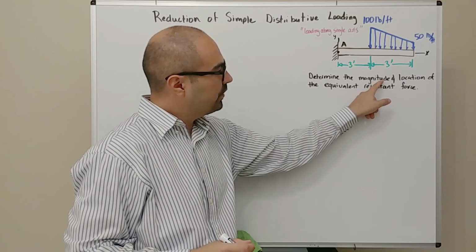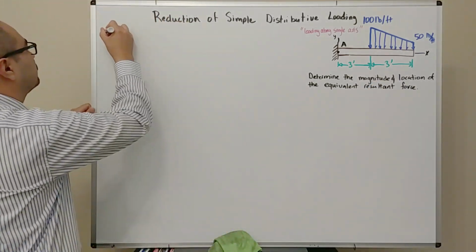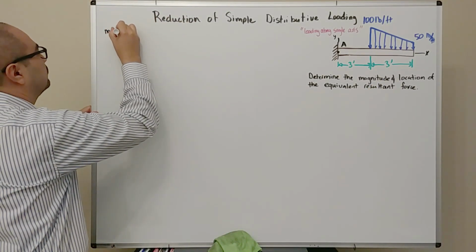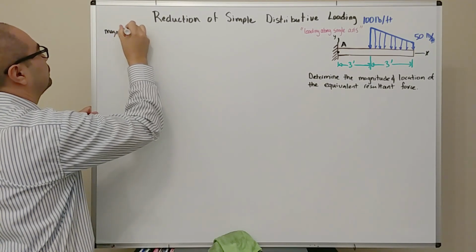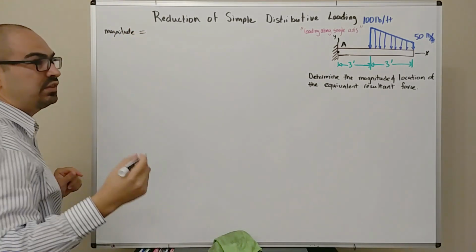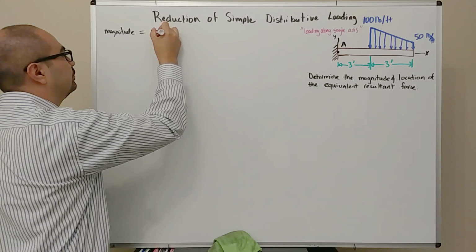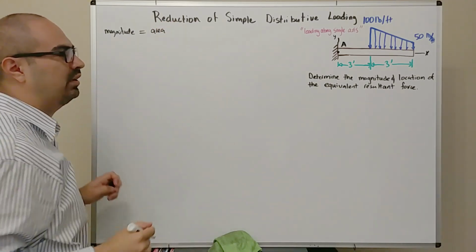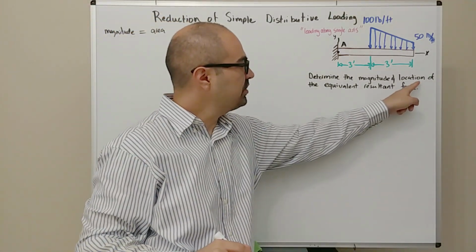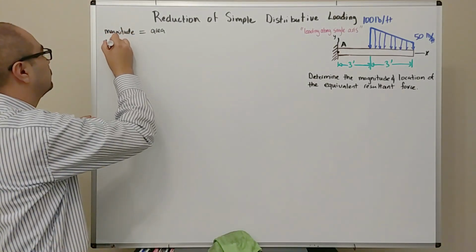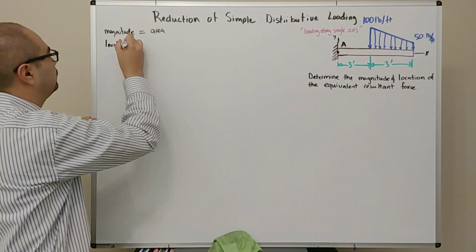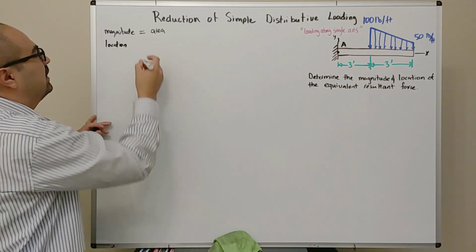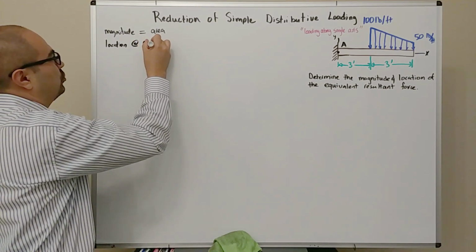Now we know that the magnitude is equal to the area of the distributed loading, and the location is going to be at the centroid.